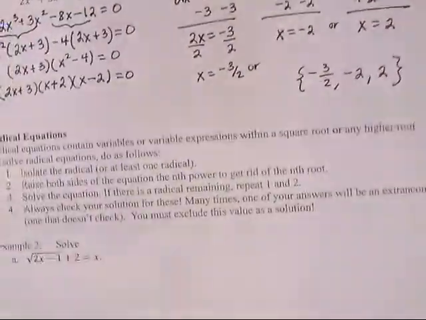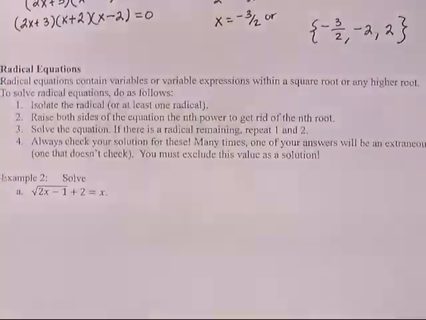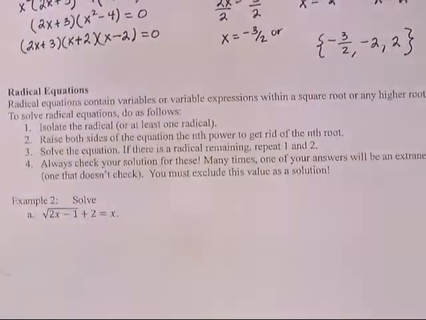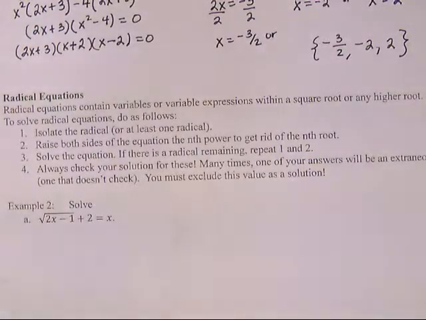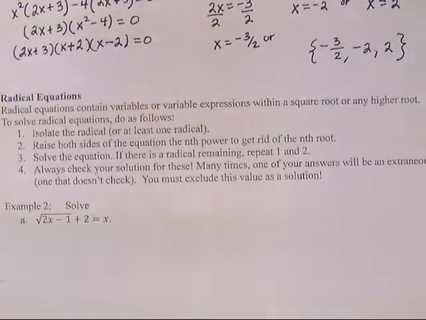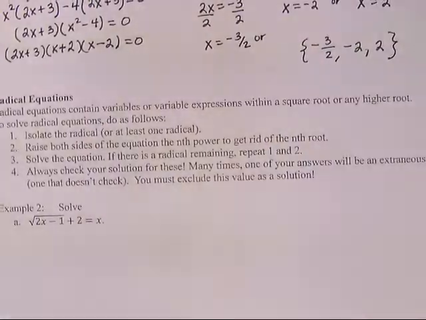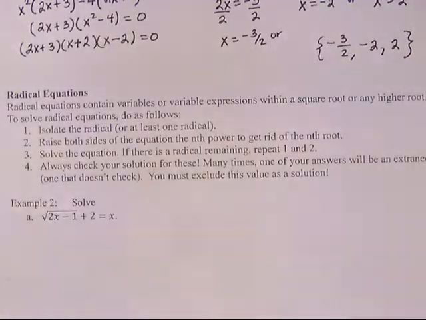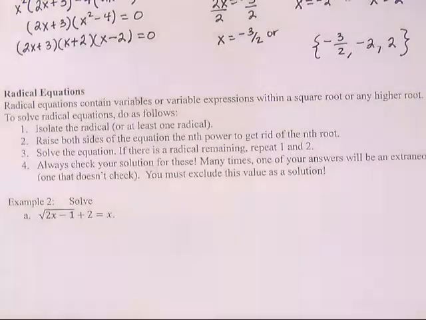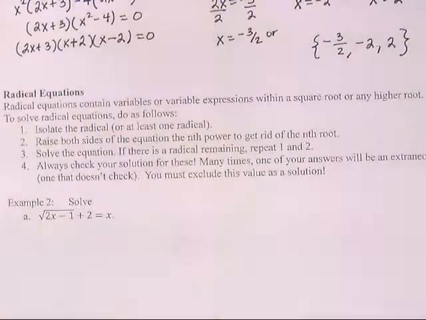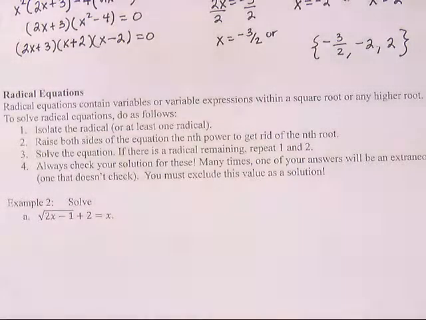Okay, next we'll look at radical equations. Those are the ones that have square roots, cube roots. Radical equations contain variables or variable expressions within a square root or any higher root. To solve radical equations, you do the following. Number 1, isolate the radical, or at least one radical.